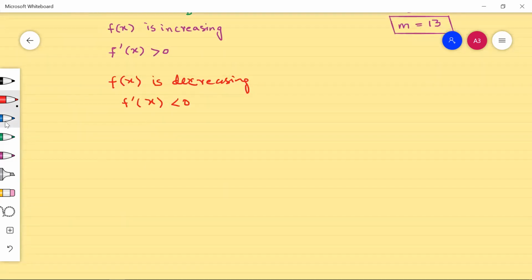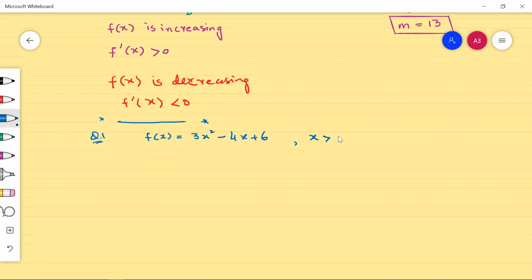So now we take some more examples about this. In example number 1, we have f of x or y equal to 3x square minus 4x plus 6. He said, find the interval where x is greater than a for which this function is increasing, or x is greater than a for which this function is decreasing.